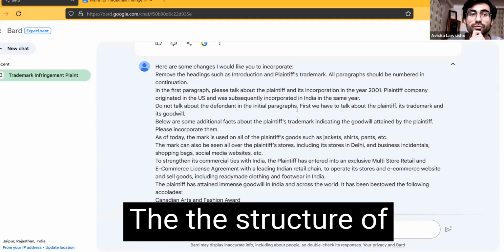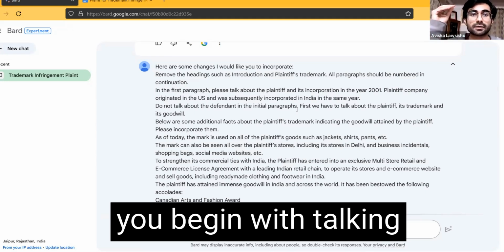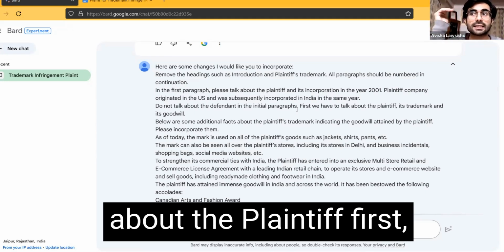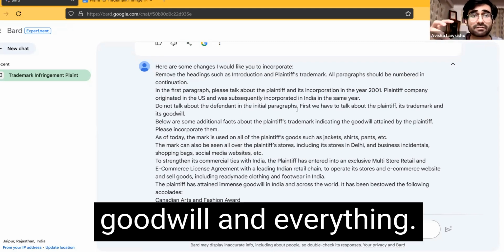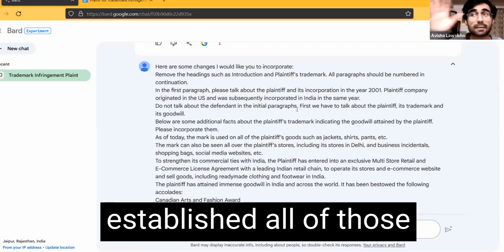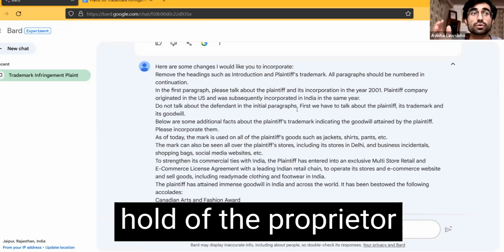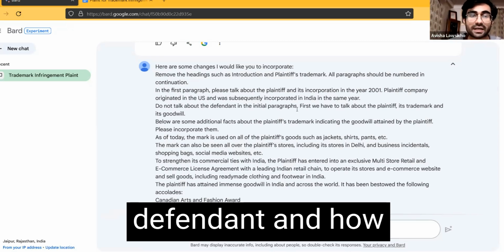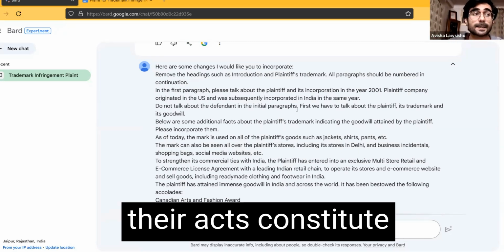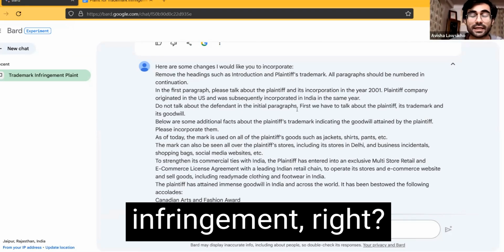The structure of a plaint is such that you begin with talking about the plaintiff first, their trademark, and you talk about their goodwill and everything. And then once you've established all of those things as to what is the hold of the proprietor within the market, then you talk about the defendant and how their acts constitute infringement, right?